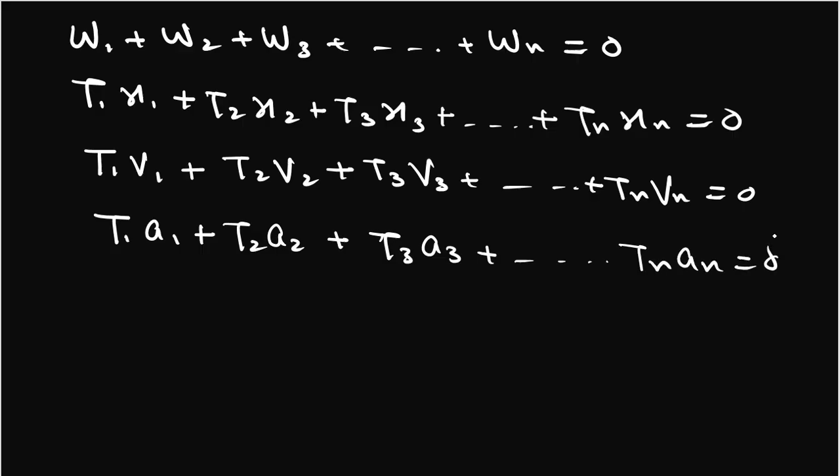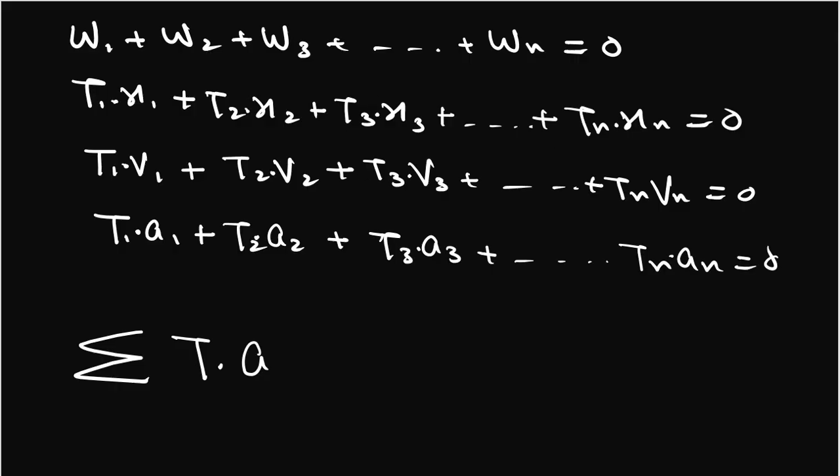So in short, we can write sigma T dot A. Actually, this is not only T1 A1, we can write T2 dot A2, because work done is, we all know, a dot product.